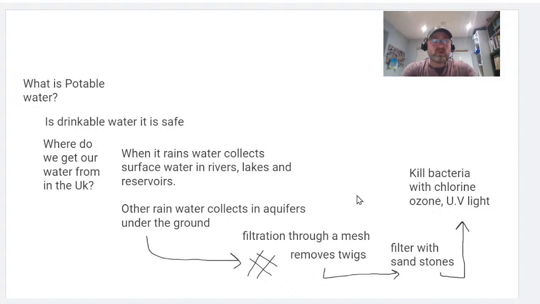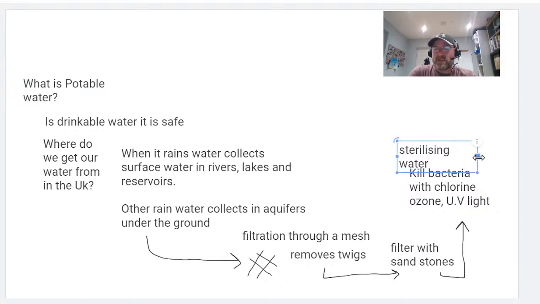So you can sterilize water by shining intense ultraviolet light into the water. You can buy UV torches online and sterilize water like that, but you'd need a pretty intense one to actually do a good job. So you can use chlorine, ozone or UV light, and that's sterilizing the water. Now it's safe to drink. That's what we do in the UK. And that's the final step.